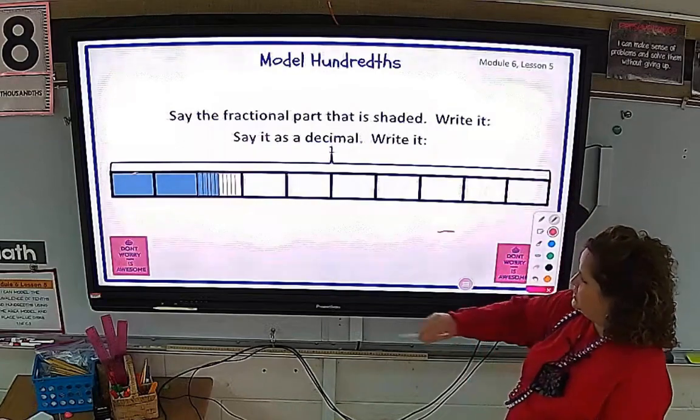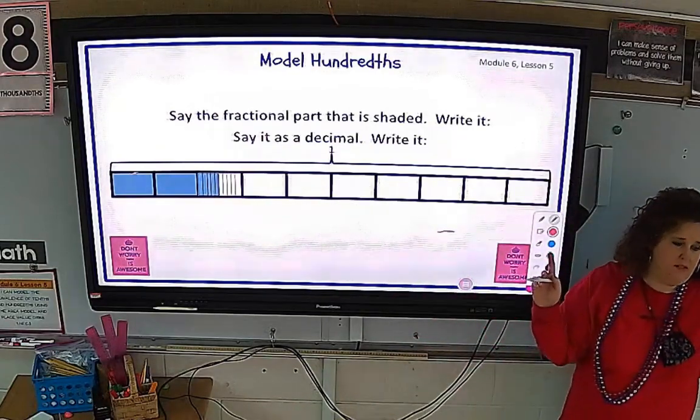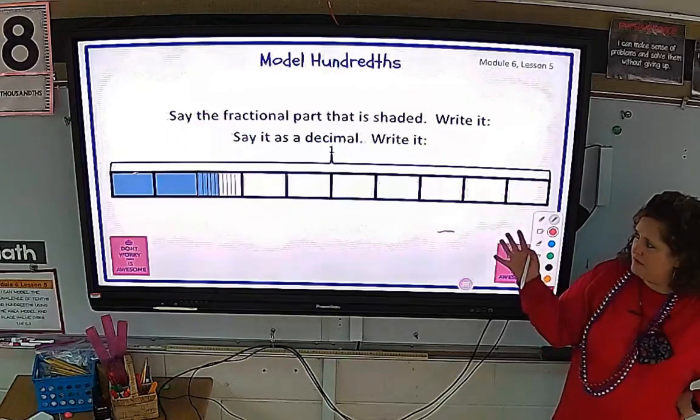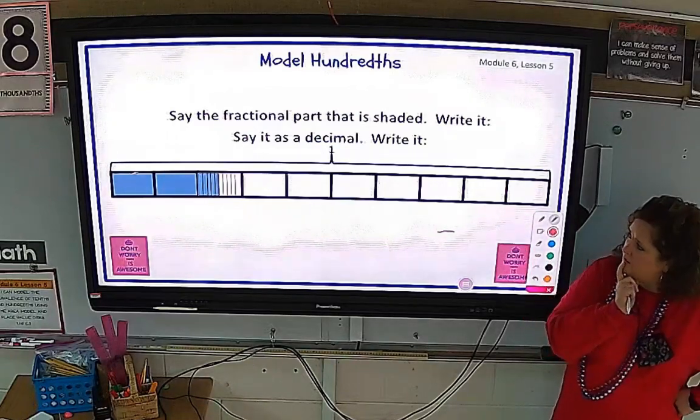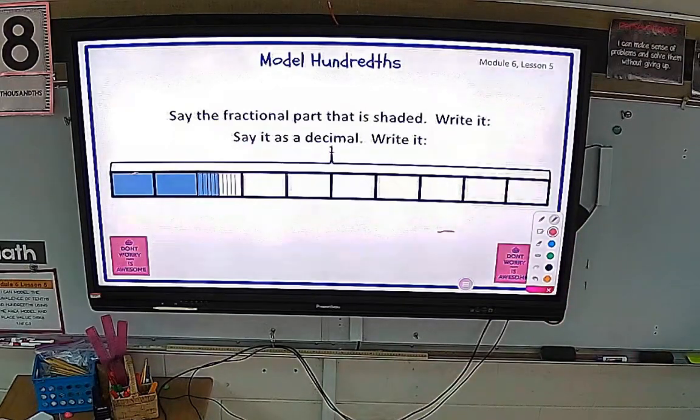Okay? So what would this number be? What number are they showing? It is a decimal number because these are tenths. What do you think? That's what we have to be able to figure out. Plus we also want to be able to know the number first and draw one like this.